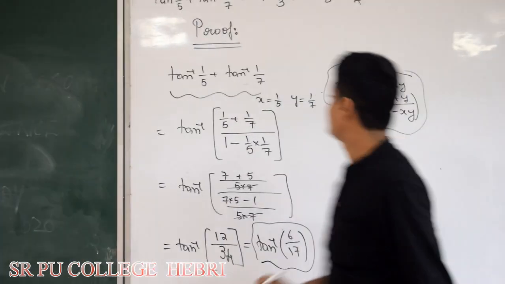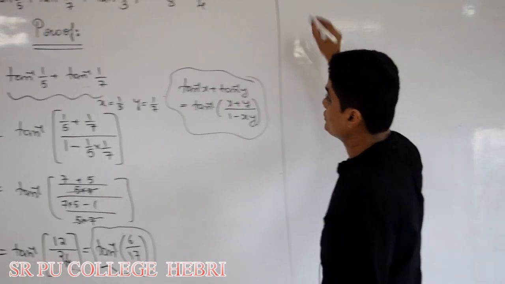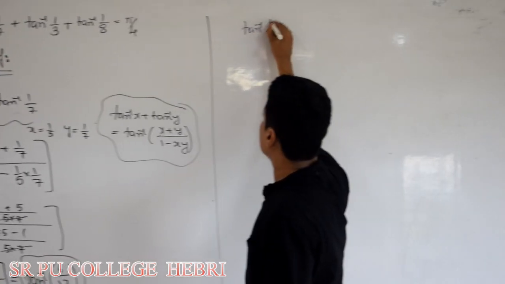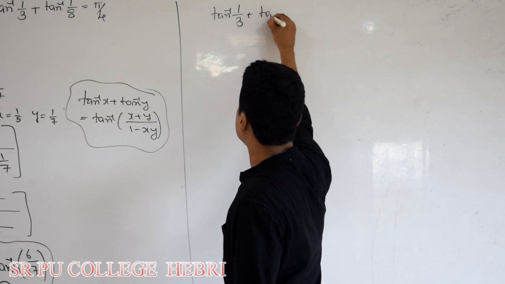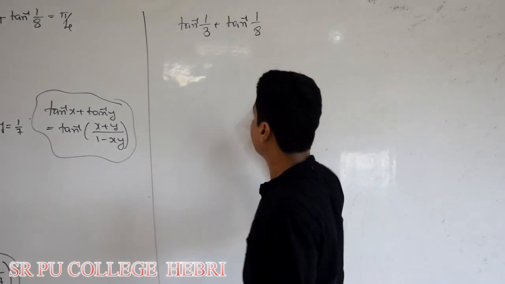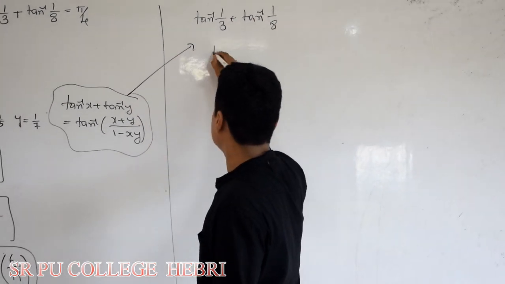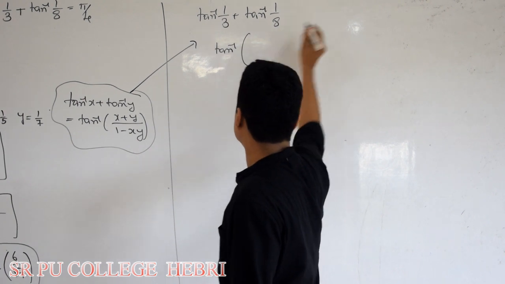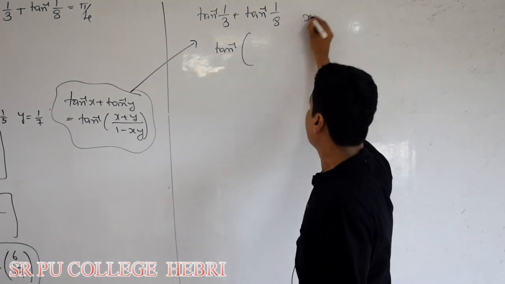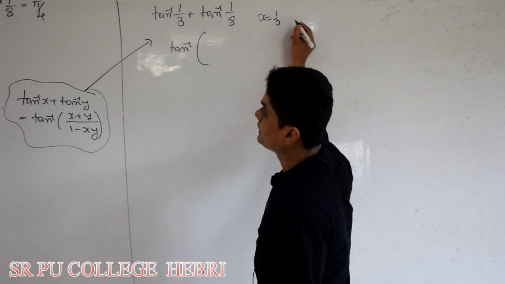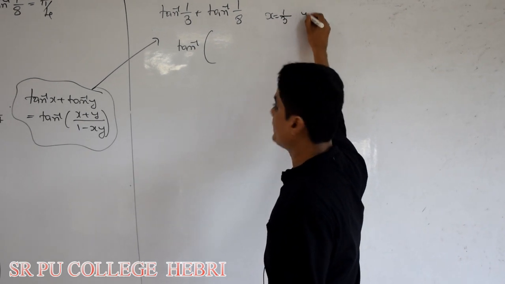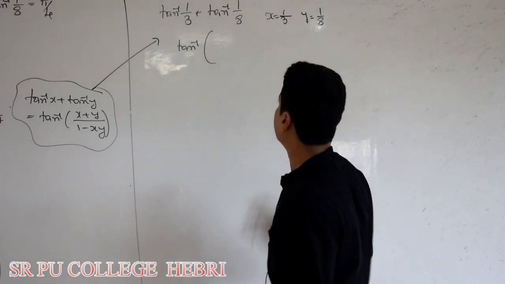Yes, next. The next 2 terms are tan inverse of 1 by 3 plus tan inverse of 1 by 8. Again the formula is the same. When you compare this with the formula, x is equal to 1 by 3 and y is equal to 1 by 8.